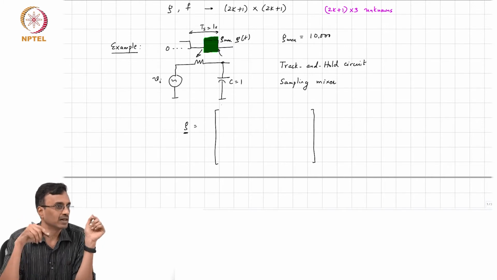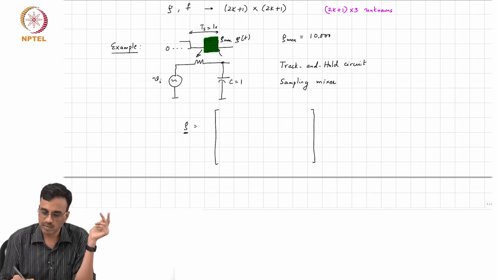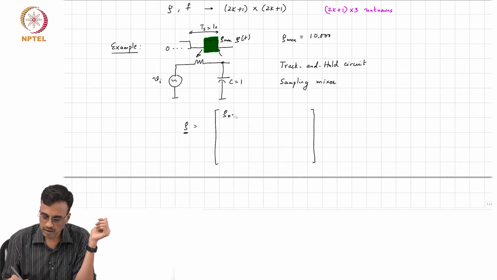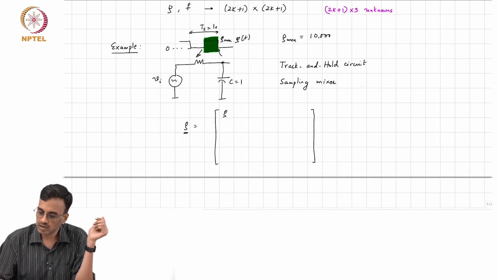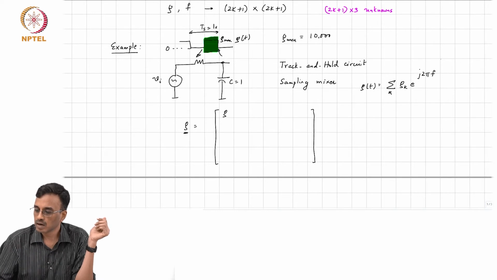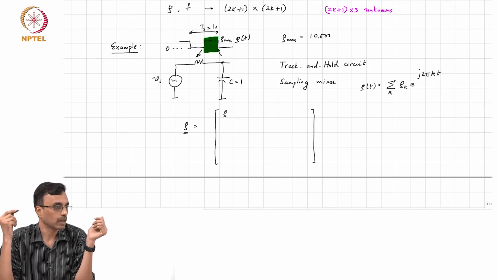It's within quotes the DC value of the conductance, and it will be G max by 2, or let me just call this G sub 0, right. So, G of t, as you recall, is the sum over k of G sub k e to the j 2 pi k Fs t, Fs is 1, so k times t, all right.